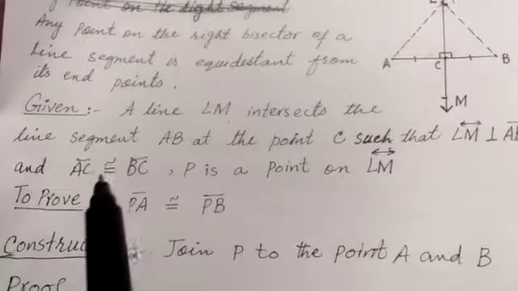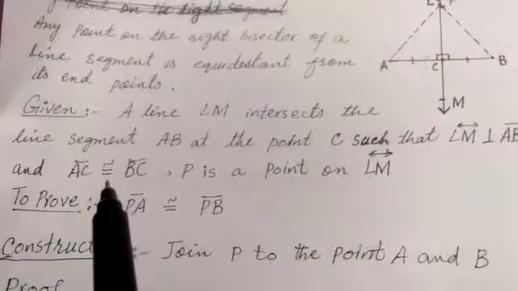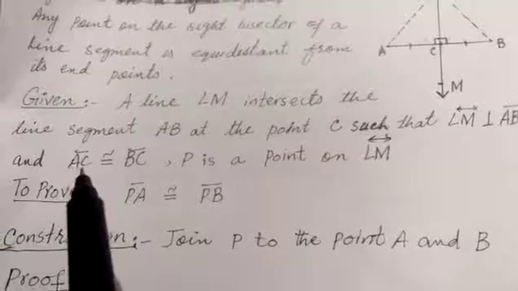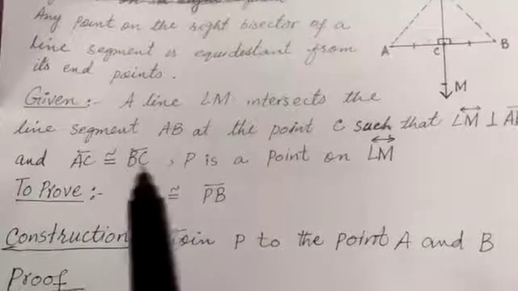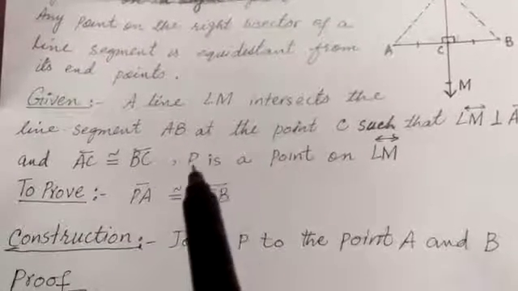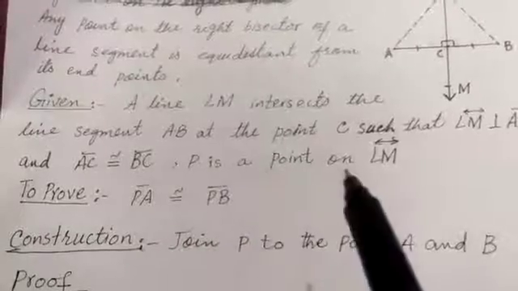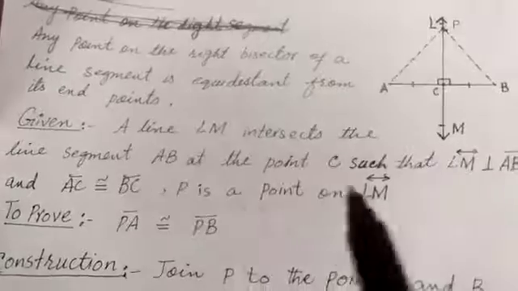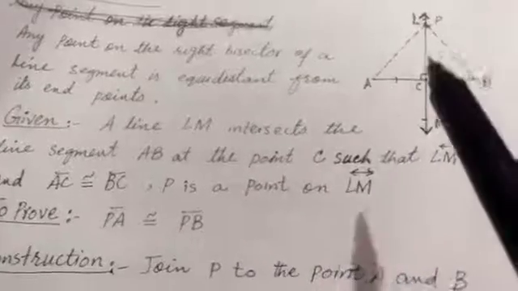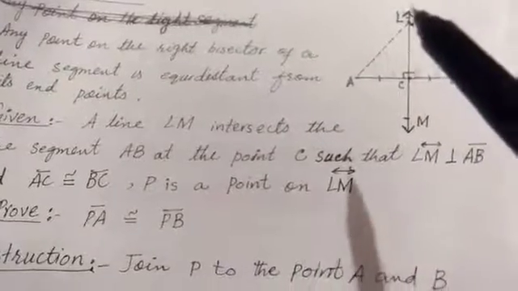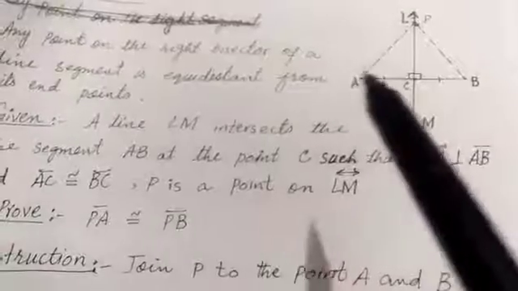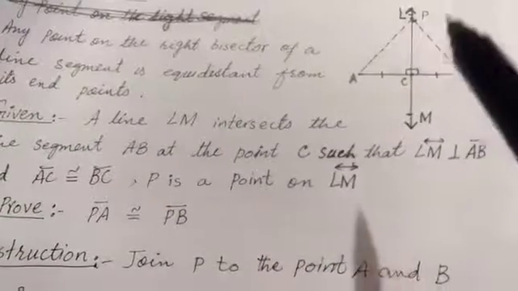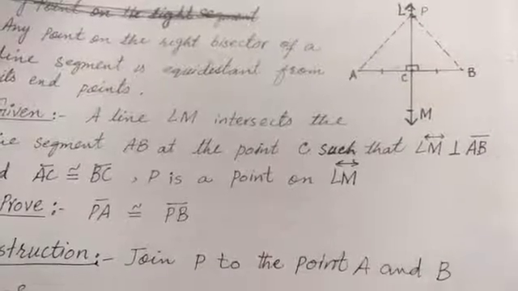So we write AC is congruent to BC. This is the sign of congruency. And point P is a point on LM. This is the point P on LM. And you know that LM is making 90 degrees with line segment AB, so LM is perpendicular to AB.